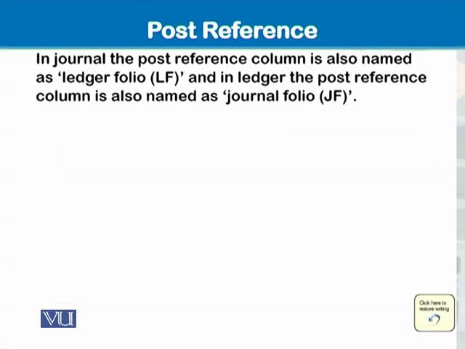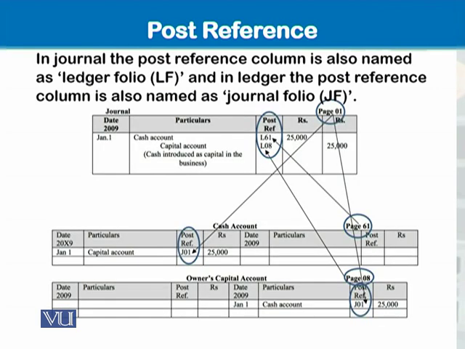Next comes post reference. It is also one of the very important concepts to learn. Post reference is the column that we have seen many times in our ledger account format and journal format.